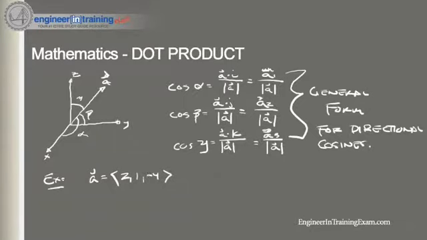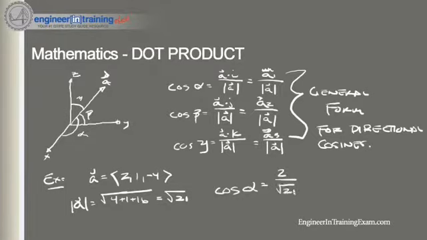So let's first define the magnitude of A, which is going to be the square root of 4 plus 1 plus 16, which is equal to the square root of 21. Now for the directional cosine, let's just look at alpha. Cosine of alpha is equal to 2 divided by the square root of 21. So we took this first component and divided it by the magnitude of A, which, as you can see right here, is our general formula.